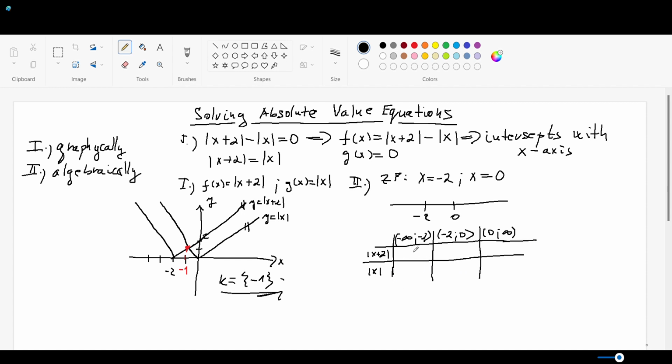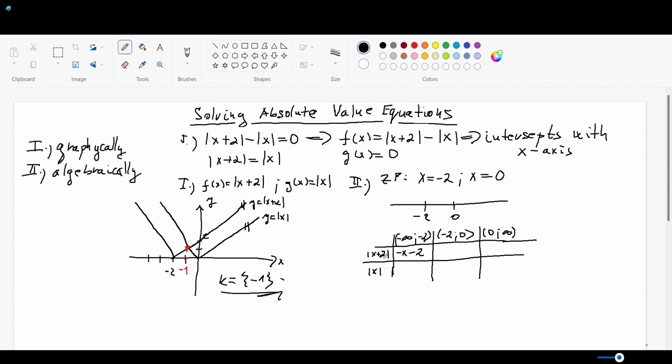Now, as I was explaining already, you take any number from the interval from -infinity to -2. For example, you take -10, fill it in and ask yourself if the value of -10 plus 2 is a positive or negative number. In this case it is negative, that's why the absolute value will be represented by the opposite expression, which is -x -2.